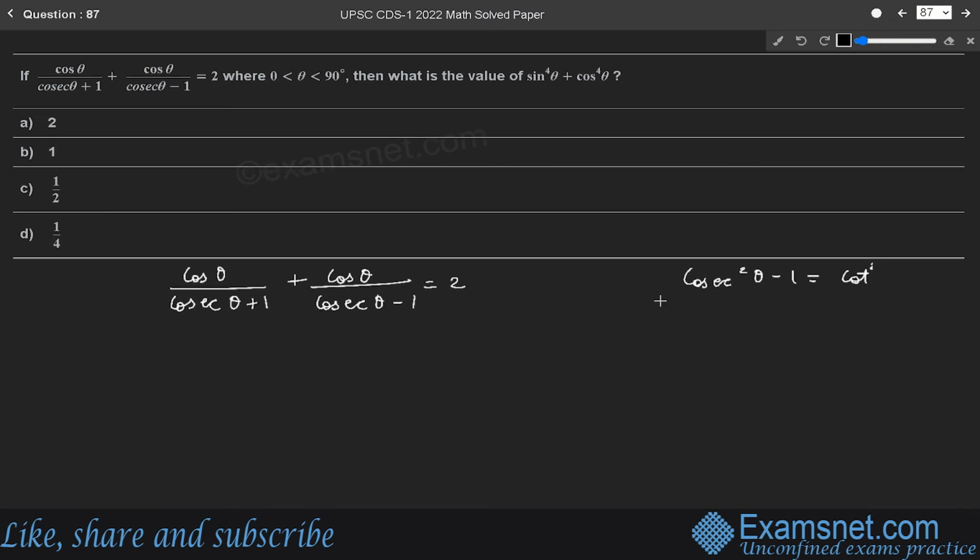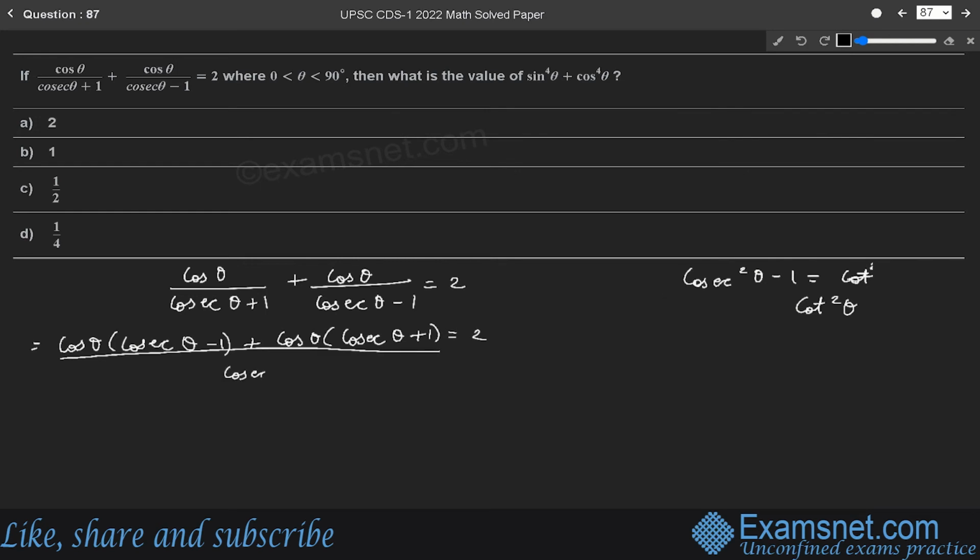Now the given term is cos theta upon cosec theta plus 1 plus cos theta upon cosec theta minus 1 is equal to 2. So on taking LCM, it can be written as cos theta into cosec theta minus 1 plus cos theta into cosec theta plus 1, and the whole upon cosec square theta minus 1, is equal to 2.